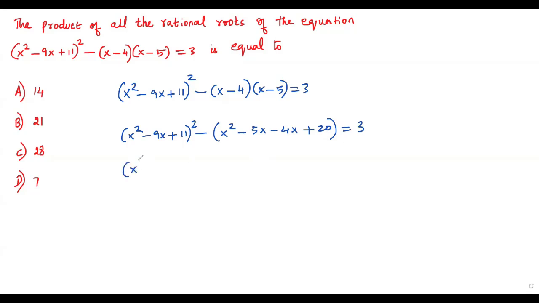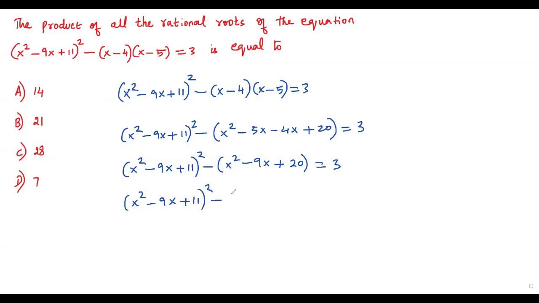Then I'm getting (x² − 9x + 11)² − x², and when I combine −5x and −4x, I'm getting −9x + 20 = 3, so (x² − 9x + 11)² − (x² − 9x).